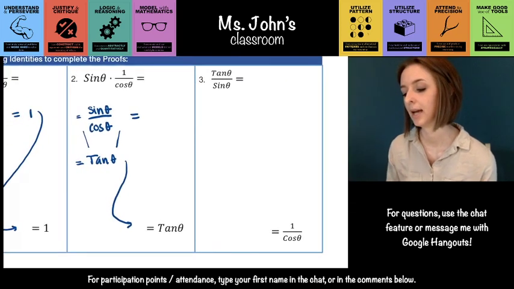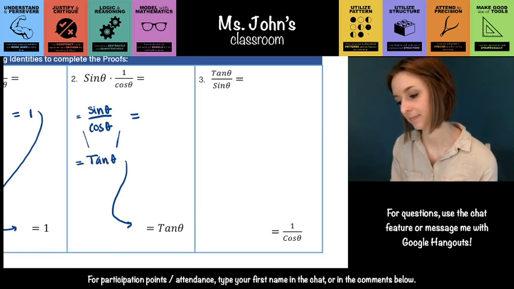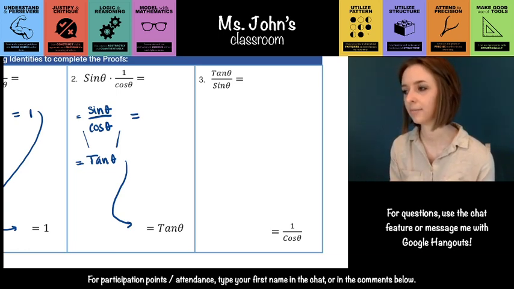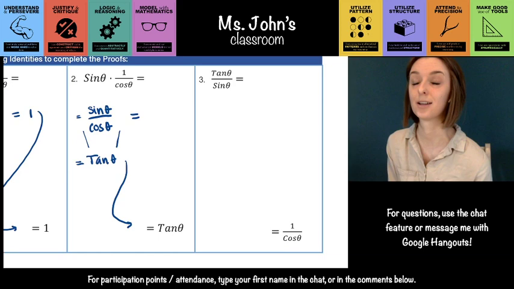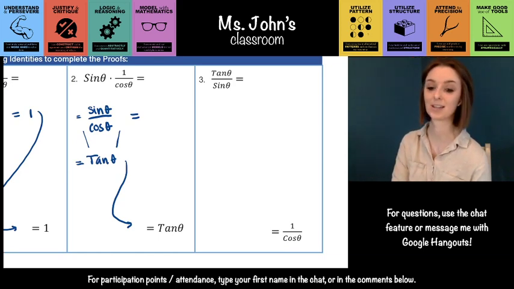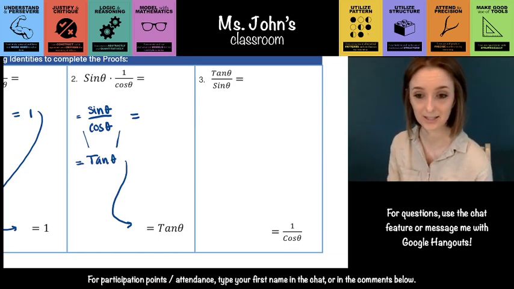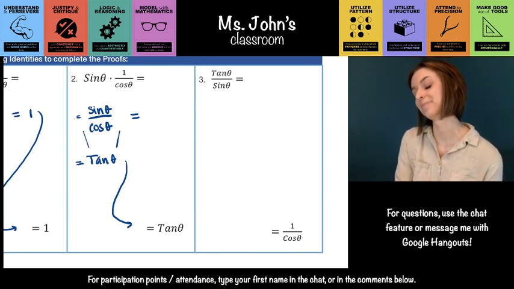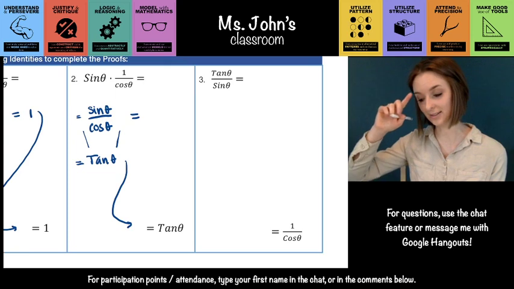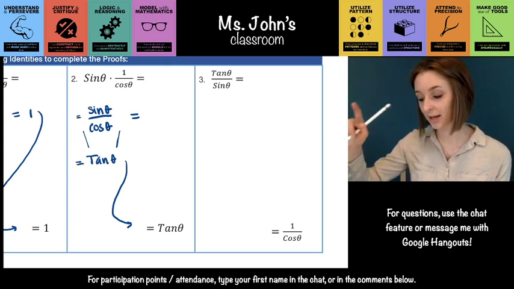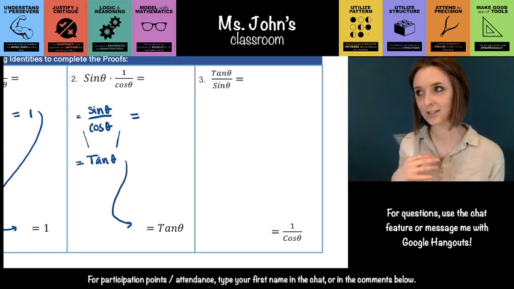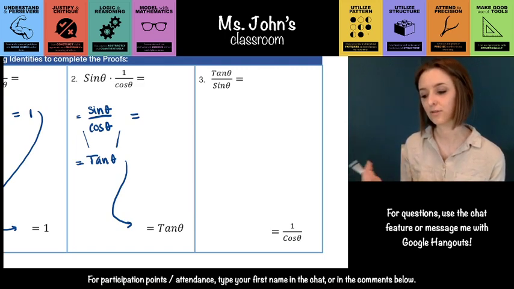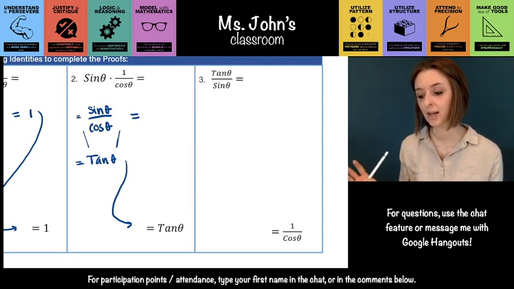Okay, number 3, we have tangent over sine of theta. Here's where, remember when I started saying something at the beginning of this and retracted it. A lot of times it's easier to see what things are transforming into if you separate out fractions.